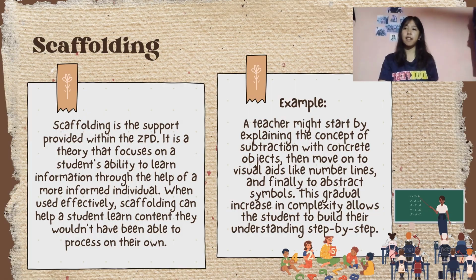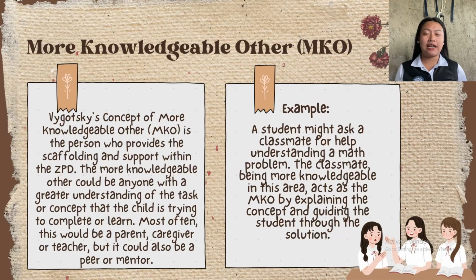to help learners succeed. And as for our last concept, the MKO, or what we call the more knowledgeable other. Vygotsky's concept of the more knowledgeable other, or MKO, is the person who provides the scaffolding and support within the ZPD.